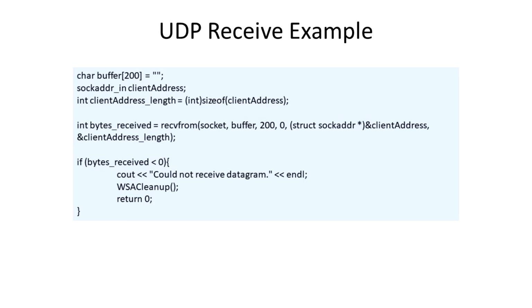So we haven't actually printed out here, but maybe we could just print that out. It'd be good to see it if we're receiving a message, unless we don't need to display it. But here we've just got a check to see that if it's less than 0, if it's -1, then obviously we've got an error. So do the usual cleanup duties and print out a message. Okay, so that is sending and receiving via UDP.